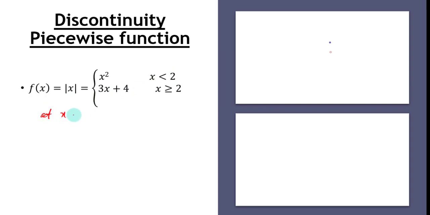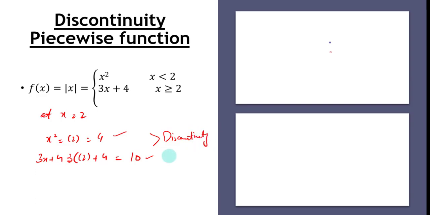At x equals 2, x squared is 4, and for the other function, 3x plus 4 at x equals 2, we have 3 times 2 plus 4, which is 10. So you see that at x equals 2, these two functions that are being pieced together do not have the same value of y. So we can say it has a jump discontinuity at the point where these two pieces are being joined.